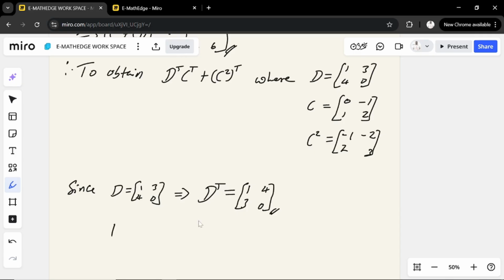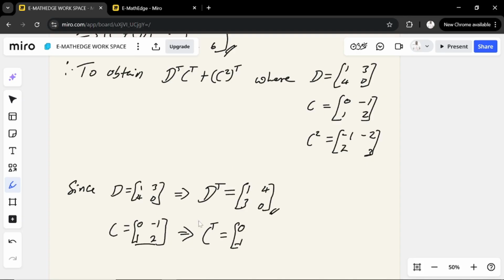And also C transpose, since we have C to be equal to, and what is matrix C? We have 0, -1, 1 and 2. So the transpose of C is going to be, we have C transpose equal to, first row becomes the first column, which is 0 and -1.